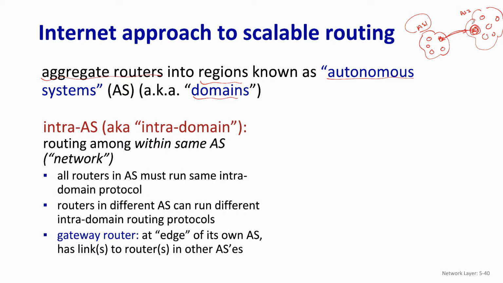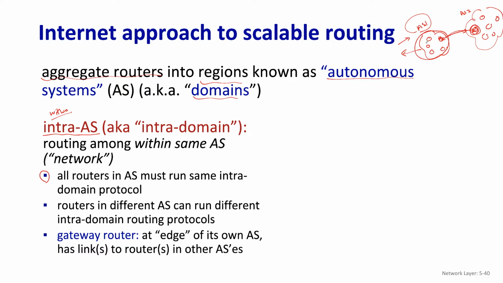Okay, so one thing here which is really important for you to understand is the intra-autonomous system, or intra-domain. This area here, or all this autonomous system, must have some understanding between all these things. All these routers should understand each other. So all the routers within an autonomous system must run the same protocol.